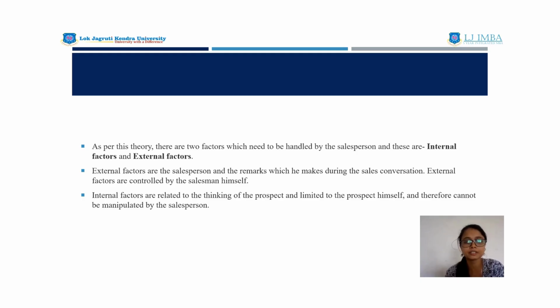So external factors, as I said, include the sales pitch, the display of the products, or the environment in which the product is being sold. Everything will be included, and these external factors are in control of the salesperson.